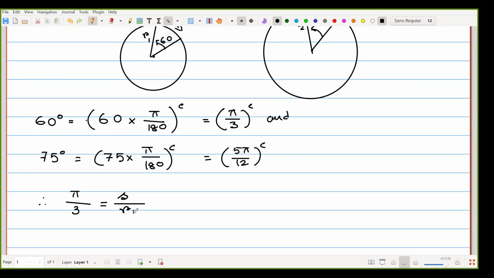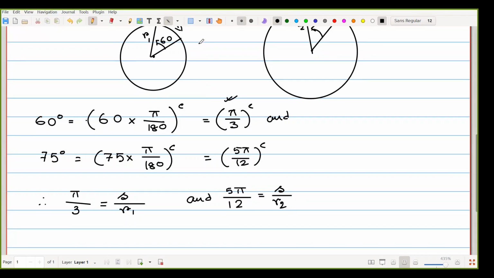Now we can say that pi by 3 is equal to S by R1. Here R1 is the radius of the first one. So pi by 3 is equal to the length of the arc, that is S, divided by the radius. And also for the second angle, 5 pi by 12 is equal to S by R2.